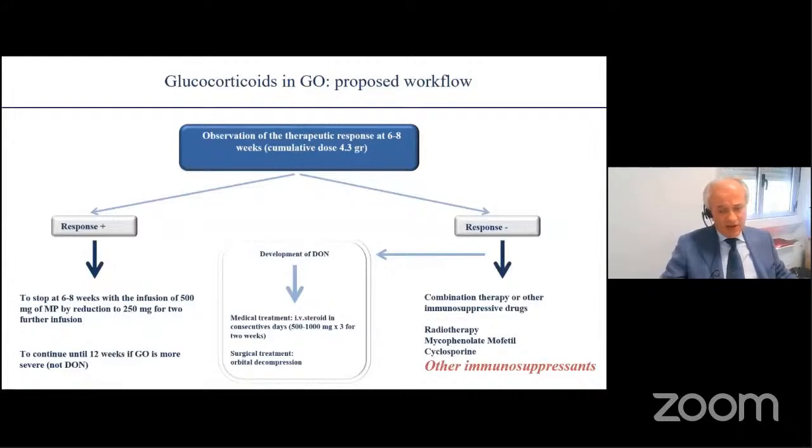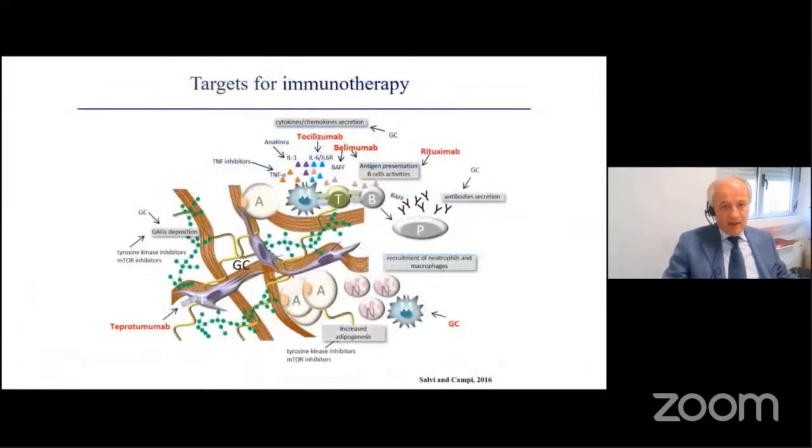The other alternative is to continue therapy with steroids associated with other immunosuppressants, or switch to other new immunosuppressants that have become available lately in clinical practice. And this cartoon shows very well the possibility of interacting with the system. This is actually a cartoon that summarizes a little bit the pathogenesis of this disease. And what we see here is that when we're talking about immunosuppressive drugs, we can target different compounds.